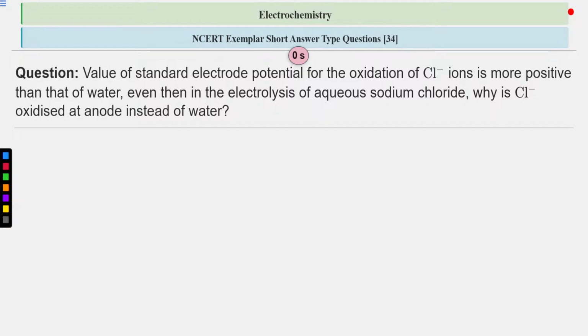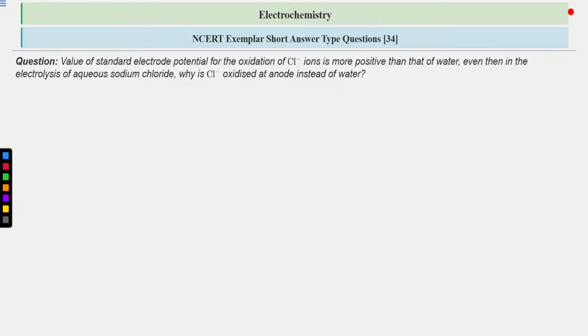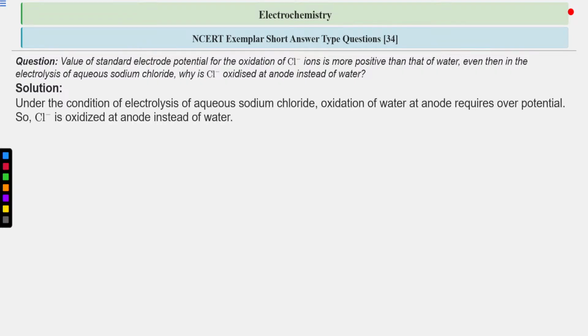Okay, let's see. For this given question, we first have to write the condition that under the condition of electrolysis of aqueous sodium chloride, the oxidation of water at the anode requires overpotential.